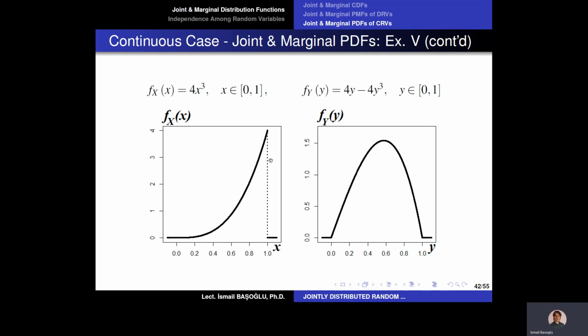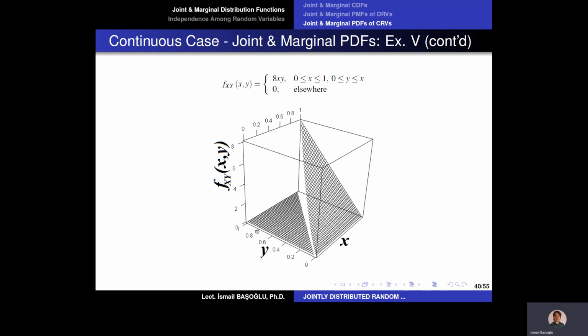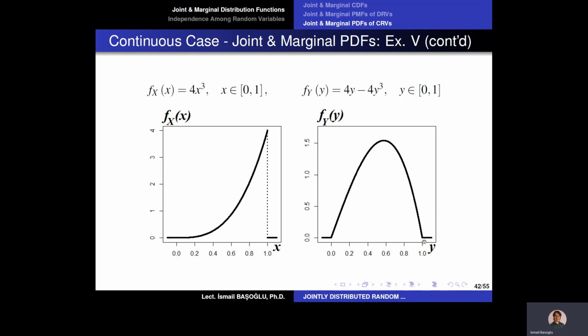Now, on the other hand, if you are going to calculate the marginal PDF of y, then you are going to squeeze the PDF in this direction over the x direction, right? And in that case, the marginal PDF will look like this. So for both of these random variables, we can calculate the marginal PDFs.